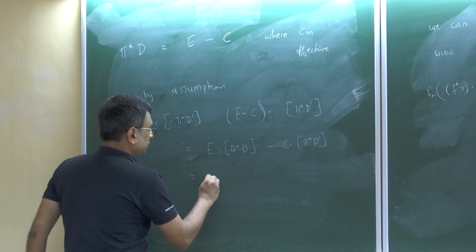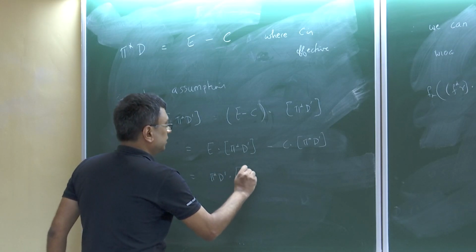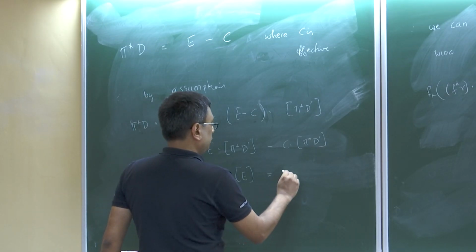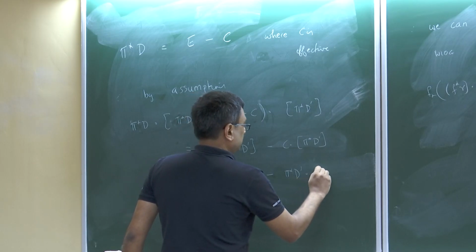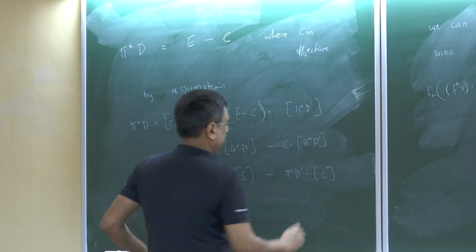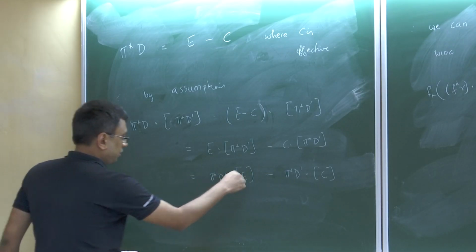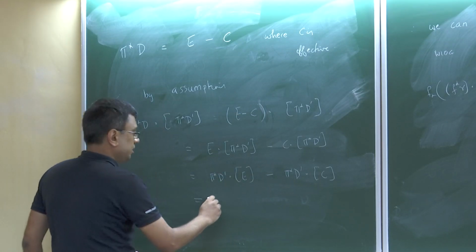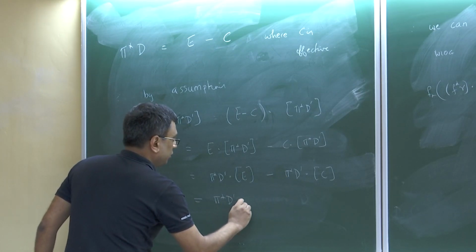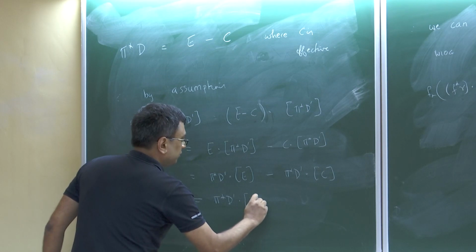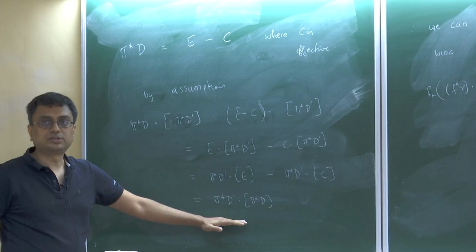So therefore, this is equal to pi upper star D prime dot E minus pi upper star D prime dot C. But again, the addition, whatever cycles I am taking, I can actually just club them together. So this is equal to pi upper star D prime dot pi upper star of D. Right? Is this clear? This equal to this.